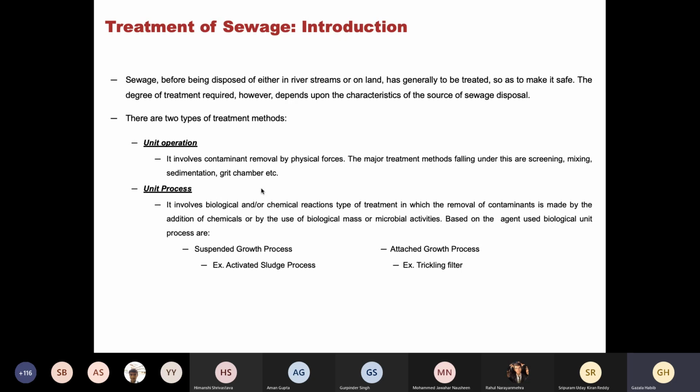Unit operations involve contaminant removal by physical forces, like sedimentation, grease chamber and so on. Unit processes involve biological or chemical reactions, in which contaminants are removed by addition of chemicals or by use of biological mass or microbial activities. For example, suspended growth process, attached growth process, etc.